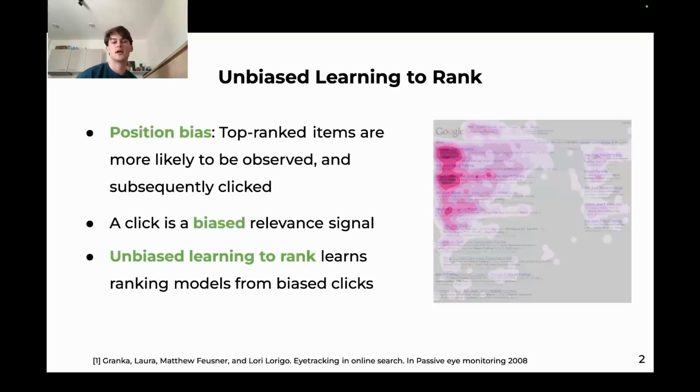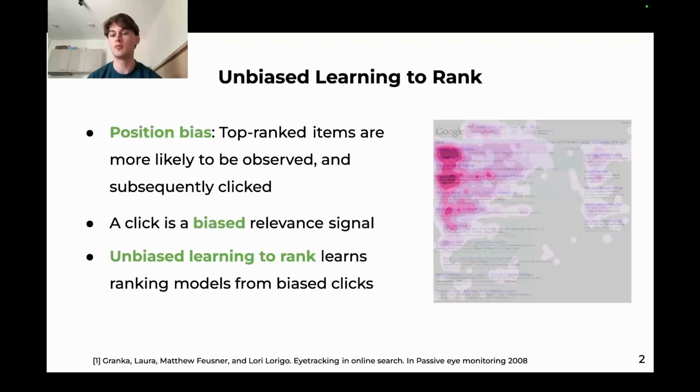So our work is positioned in the field of unbiased learning to rank, where we aim to learn from user interactions. And importantly, user interactions are biased by the way we present our results. There are many ways in which we can present our results and get our data from it, but the classical example is selection bias or position bias in web search.